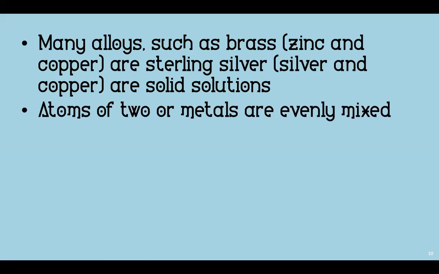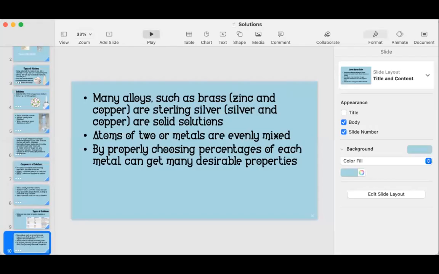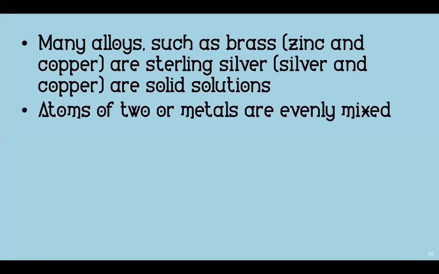You also have alloys of gold. When you go to a gold shop and you see the different categories of gold, like you've got 18 karat, 24 karat, like that, because pure gold is 24 carats.